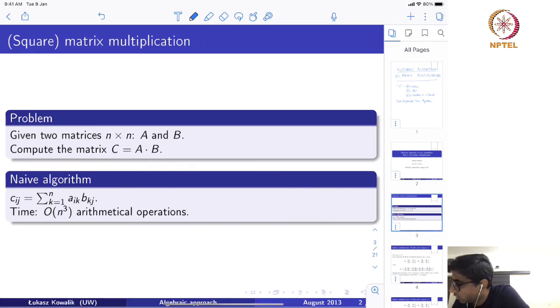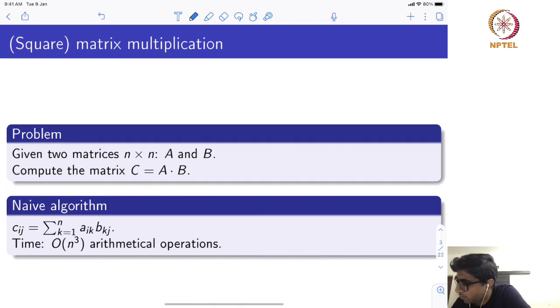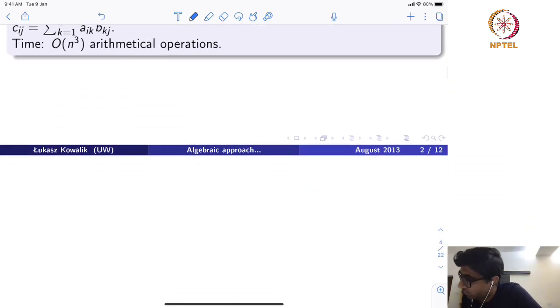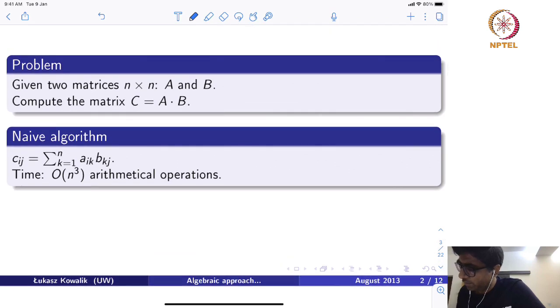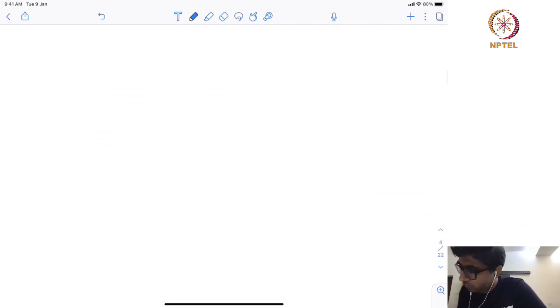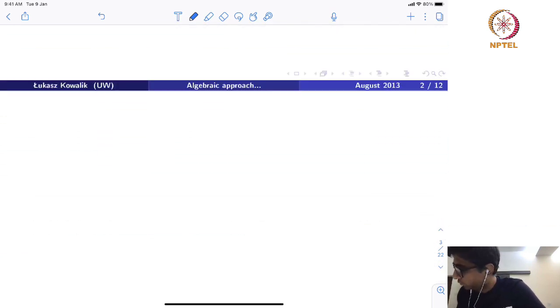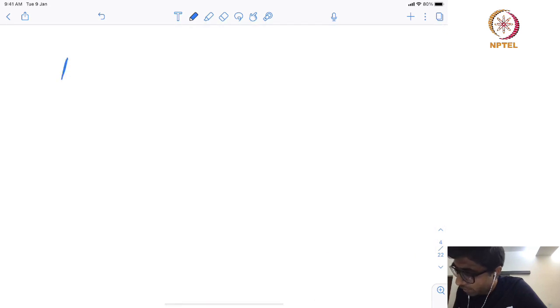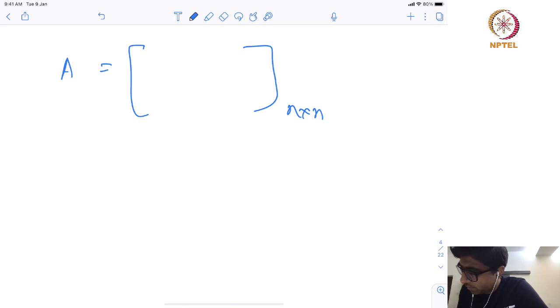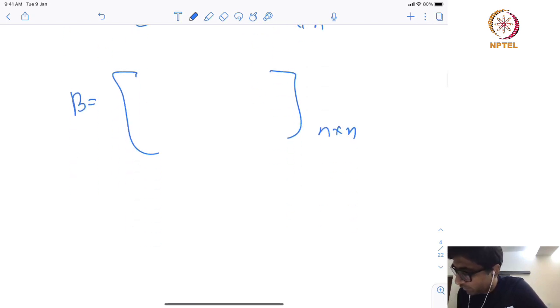The classical algorithm takes n cube time, because all you have to do is that you are given A, an n times n matrix, and B, another n times n matrix, and all you are interested in is A times B. So, what do you do?